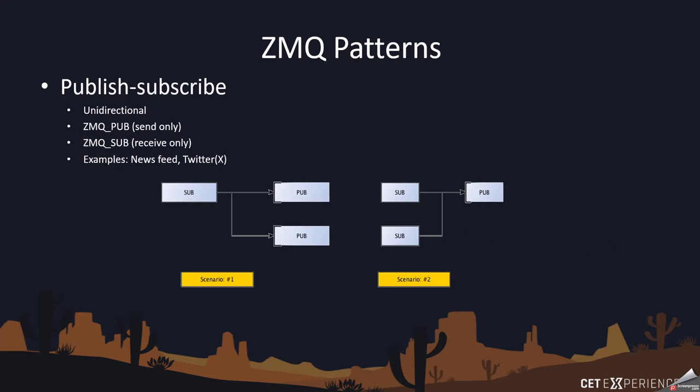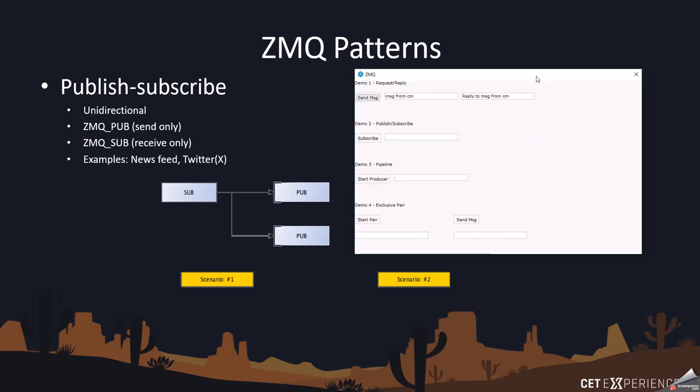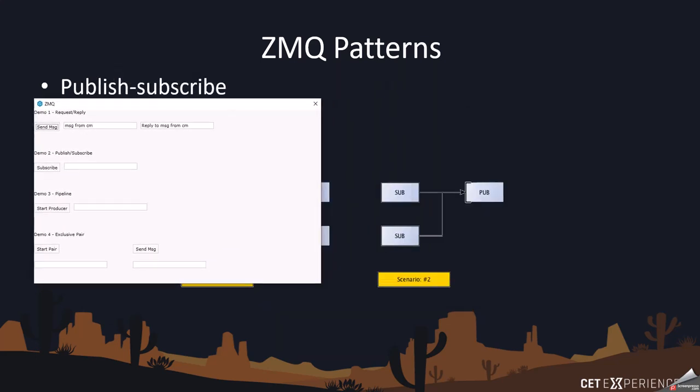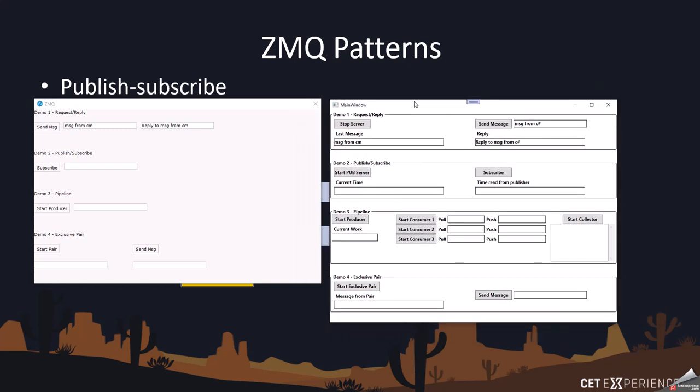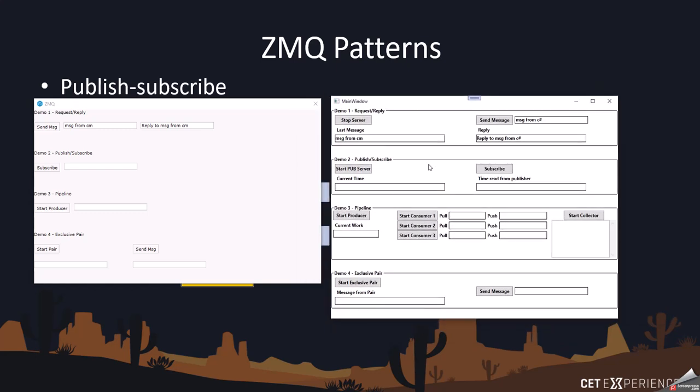So let's go back to our demo and see what that looks like. Here's the CM side, and here's the C# side. So I'm going to start up the publisher, and this is basically a time publisher, so you can see the clock is ticking. And in the C# app, I can hit subscribe, and it will start reading the time.